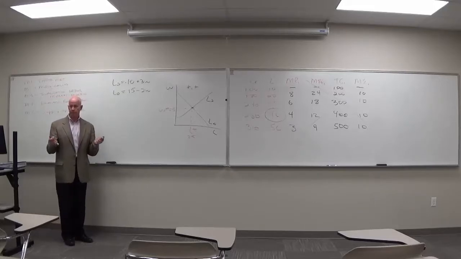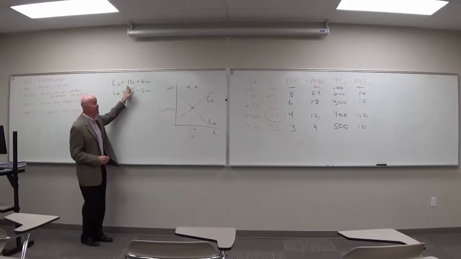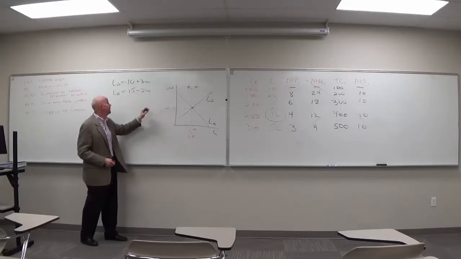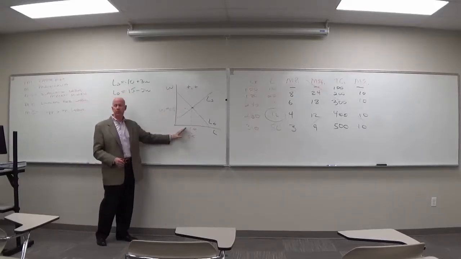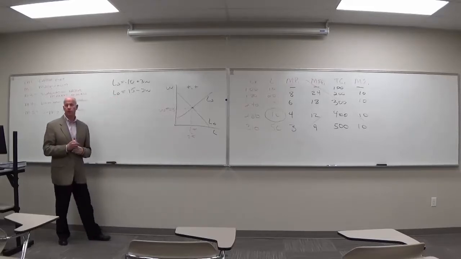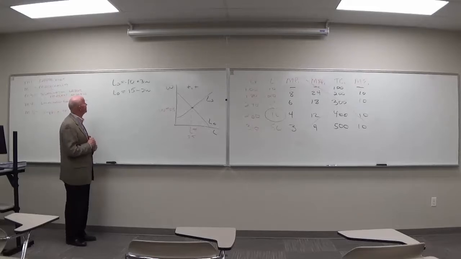It's easier. But it's because of what you're about to tell us. Okay? So I just want to make it easy for you guys. If the constant is negative, it's going to cross the W axis. If the constant's positive, it's going to cross the L axis. Now, go ahead and finish what you're starting to tell us. Yeah, you just put 0 in for labor supply and then solve for W.